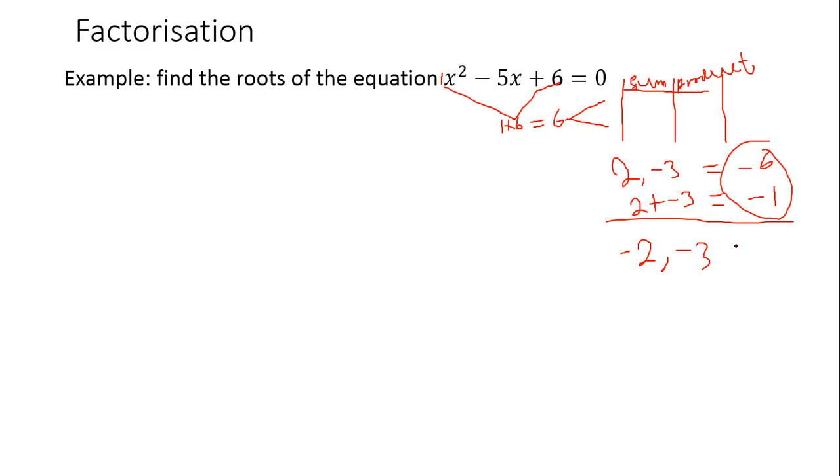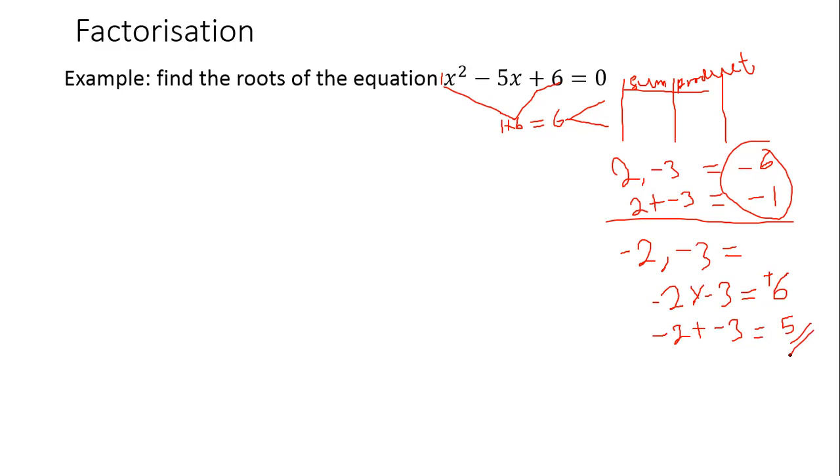So when we multiply -2 times -3, this gives us 6, because negative times negative gives us a positive. And then -2 plus -3 gives us a what? A -5. Is that okay?